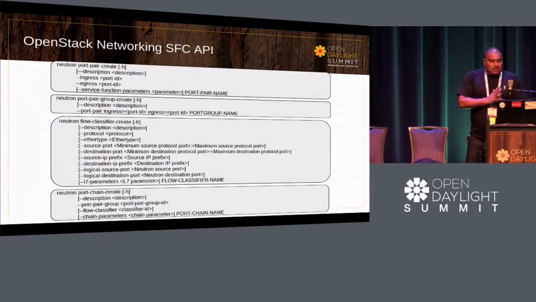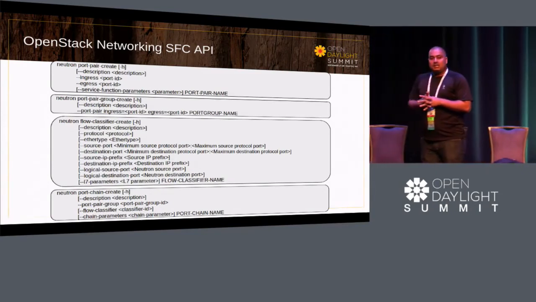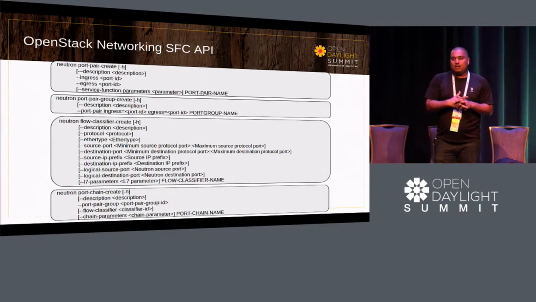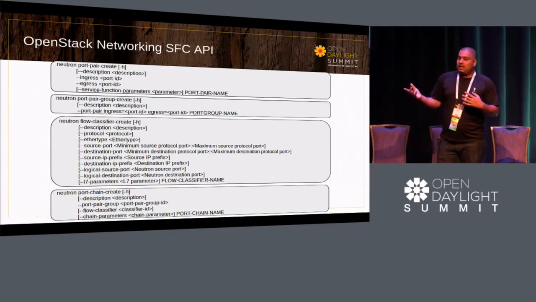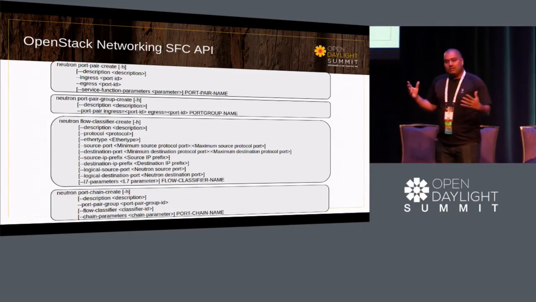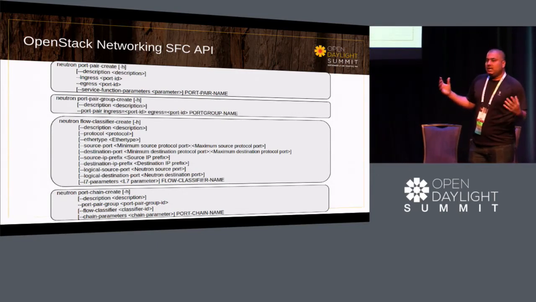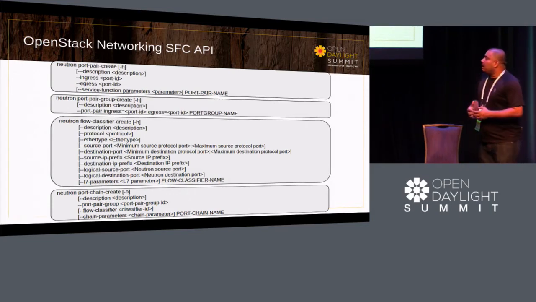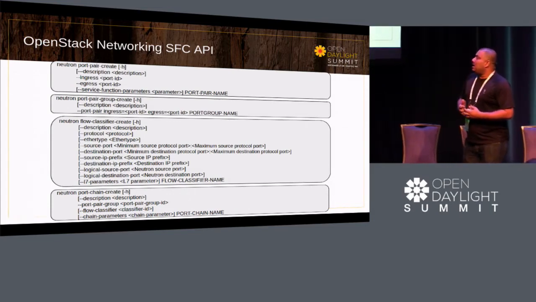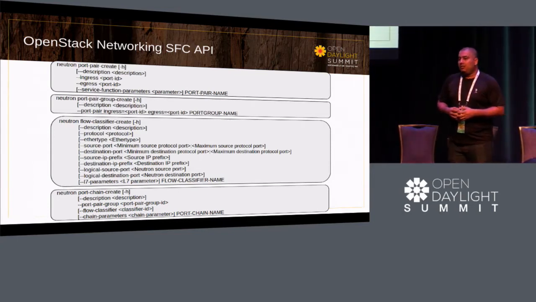Here's a quick glimpse of how the networking SFC APIs are defined. OpenDaylight or the MANO and ETSI specs have different terminology for VNF and SFC, and they define these things in a different way. But OpenStack defines very low-level APIs, and they all talk in terms of ports.